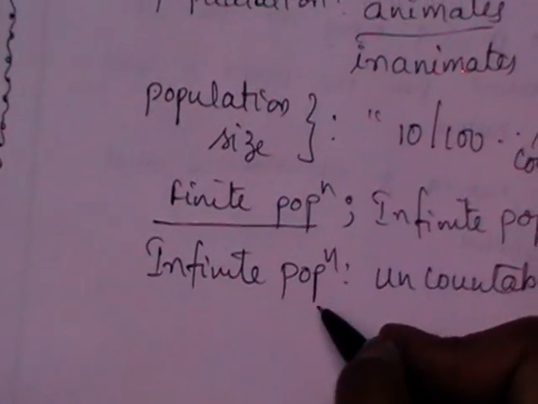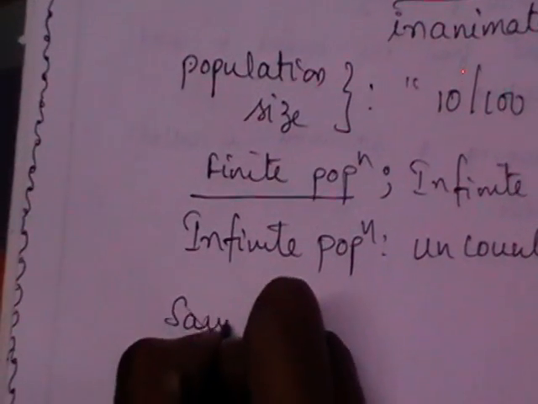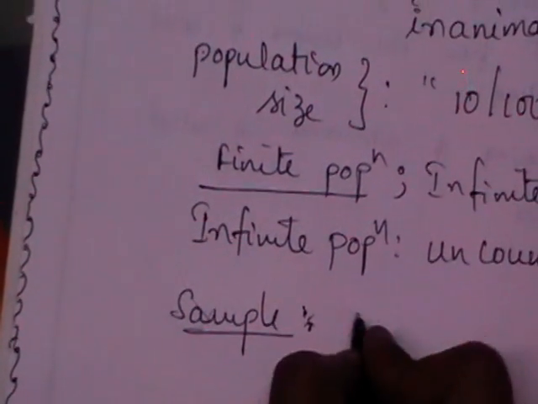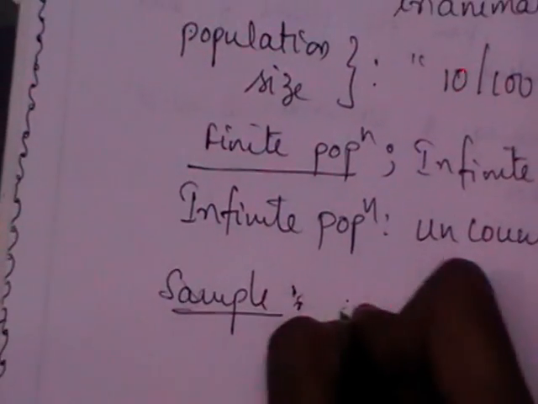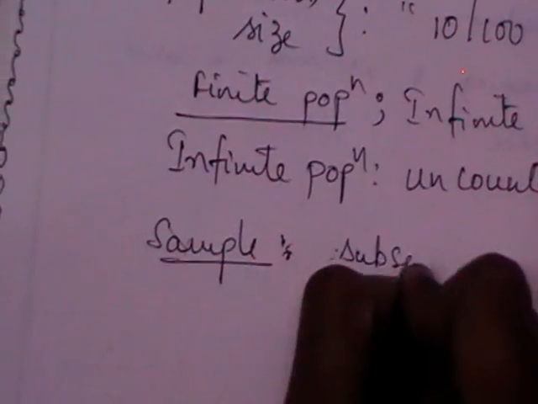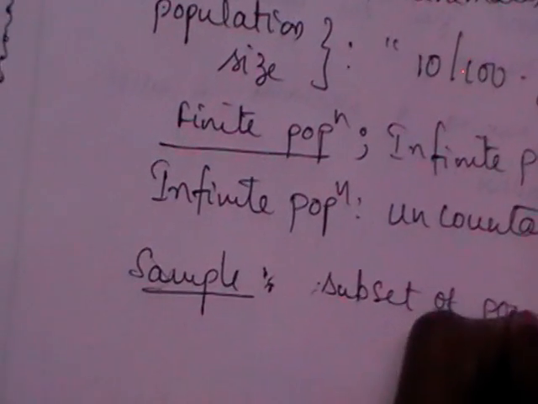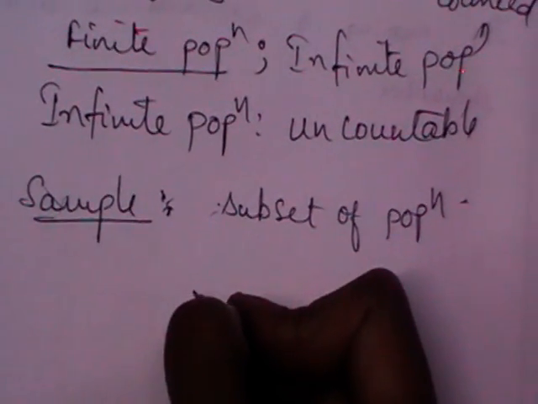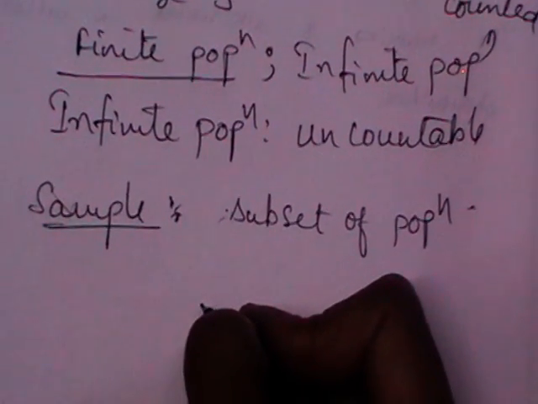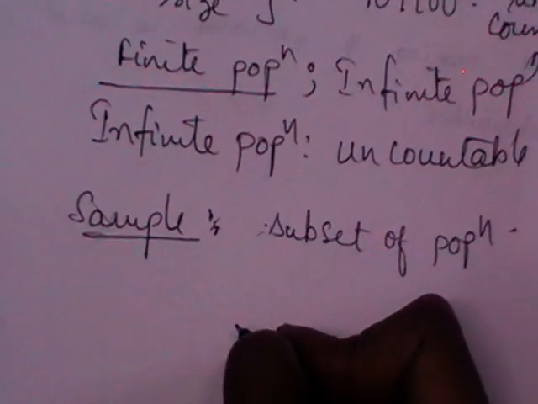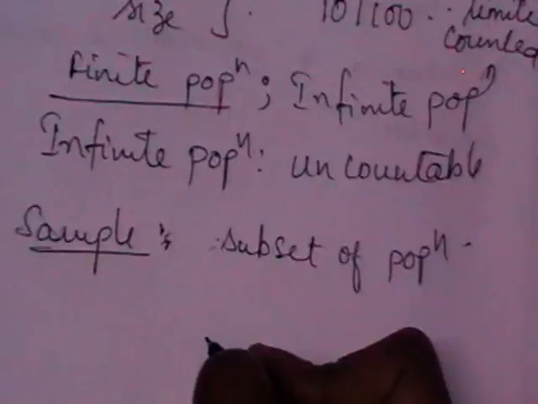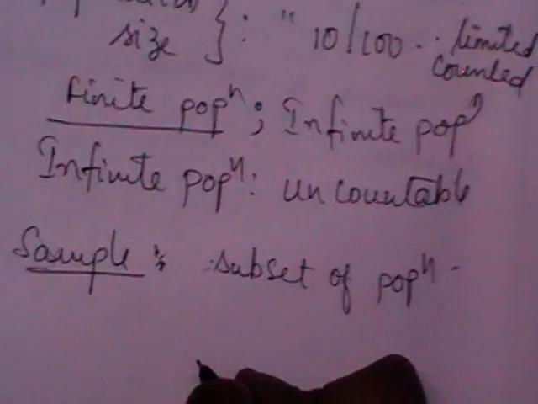So what is a sample? These are the different terms which we use while dealing with sampling. We are first discussing all the terms which we are going to use in sampling techniques. A sample is a subset of population. In general, when you go to any shop to buy a particular commodity, you consider a small set of the commodity, which is called a sample.